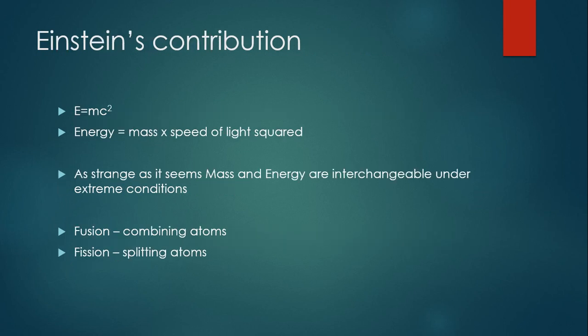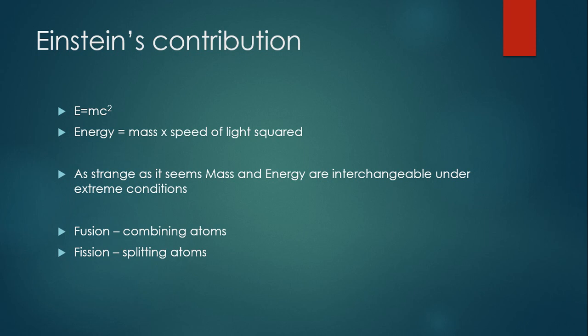So Einstein's contribution, I told you we'd talk about this. His famous equation, E is equal to mc squared. It's on a lot of t-shirts and posters and such. It means energy is equal to mass times the speed of light squared. We know, at least in theory, that the speed of light is really, really fast.